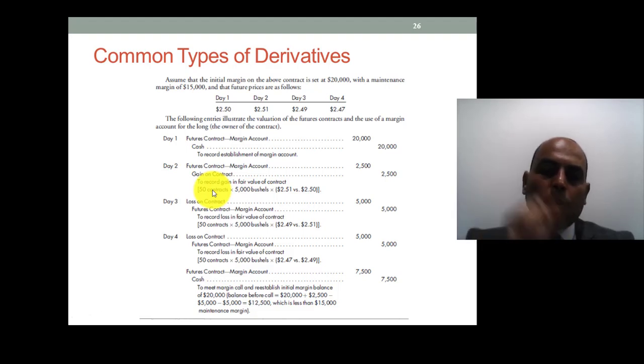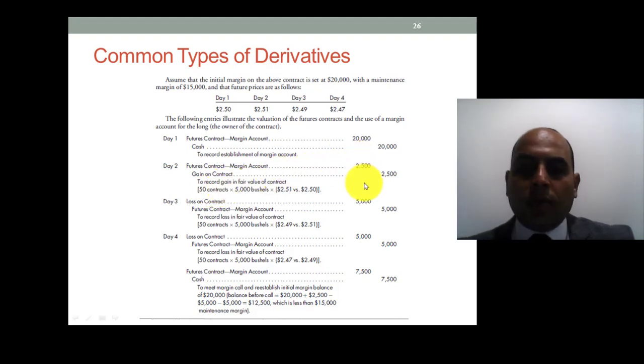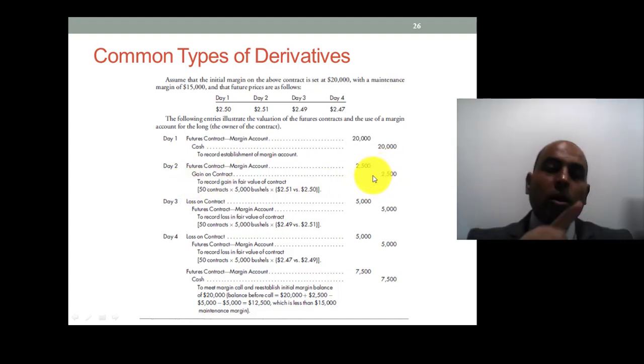So in total, 250,000 multiplied by 0.01, we earn $2,500. So the future contract will be debited by 2,500 because it is categorized as an asset, and gain on contract is credited by 2,500 because of the fluctuation of the price.